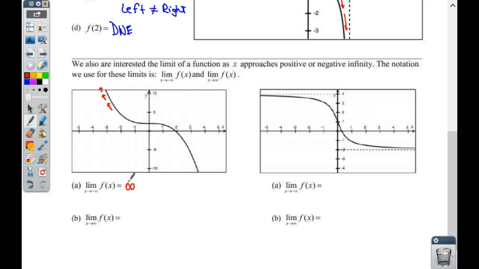I want to make it very clear that we say that this technically does not exist. It is unbounded. Likewise, as we go to positive infinity, this graph decreases and heads towards negative infinity. That's not a value, so we say it does not exist. Unbounded.